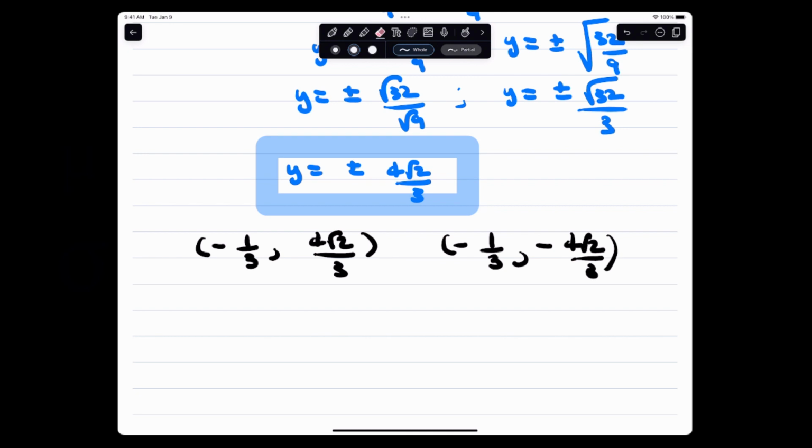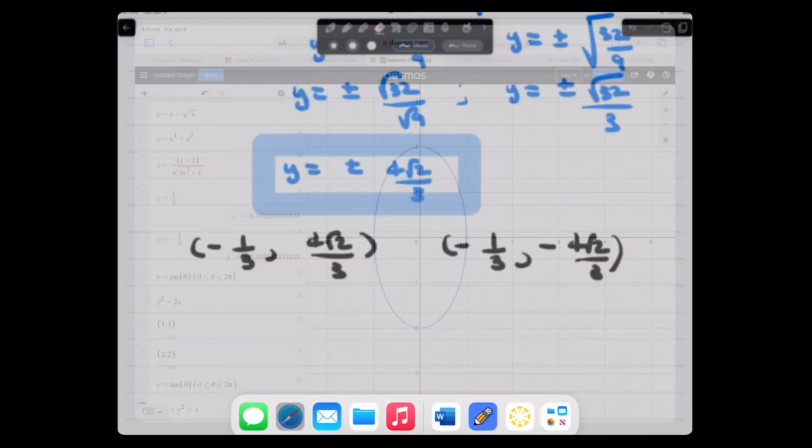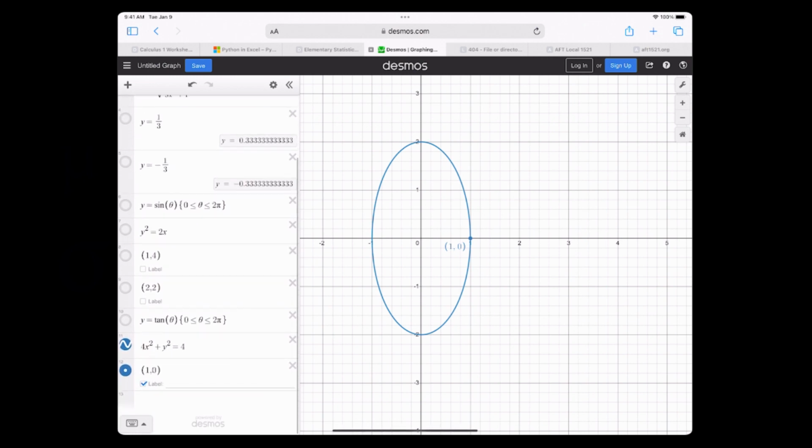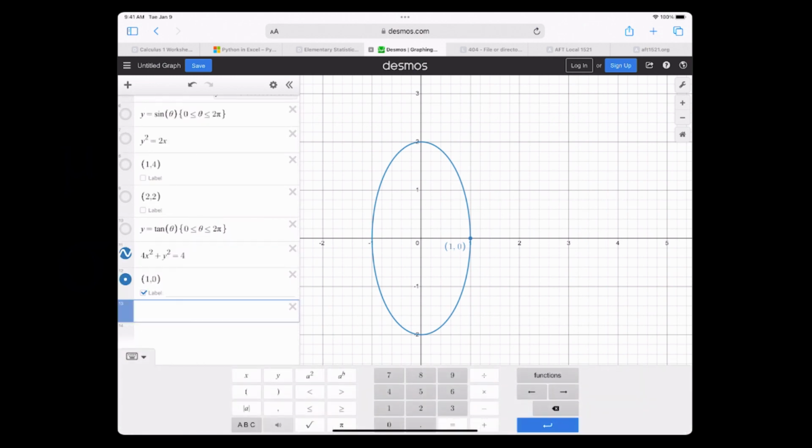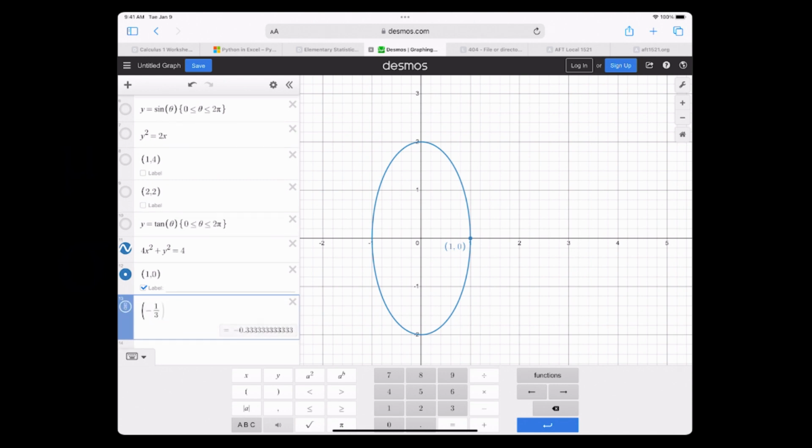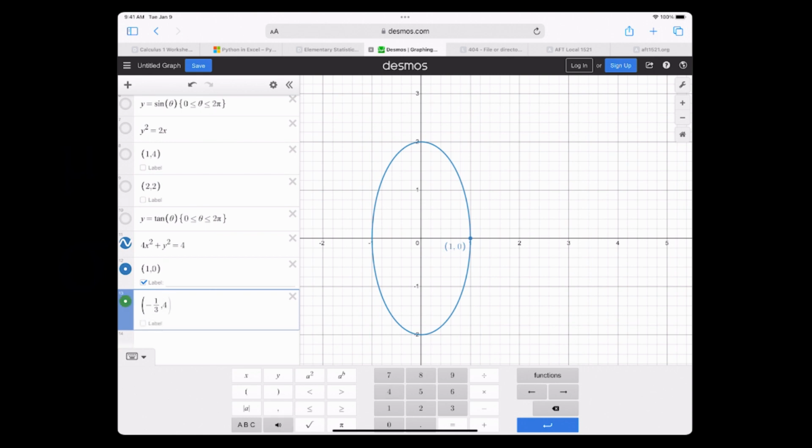And let's go back, if we can, to 4 square root of 2 over 3. I'm going to go back to Desmos here, okay? So, -1 divided by 3, comma, 4 square root of 2 divided by 3.